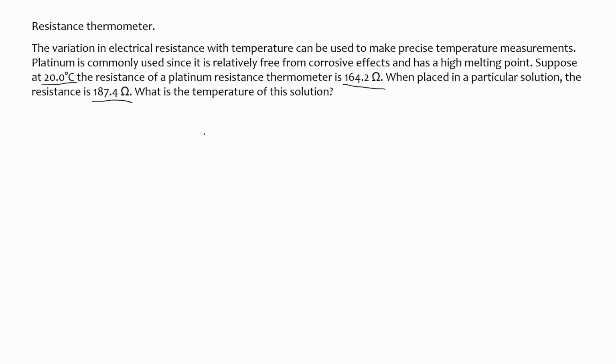So our equation was resistivity equals some reference resistivity times 1 plus the temperature coefficient times the difference in temperature. By the way, this has to be done in Celsius or kelvins. You could do either because it's a difference, so you'll get the same thing, but do not use Fahrenheit, please.